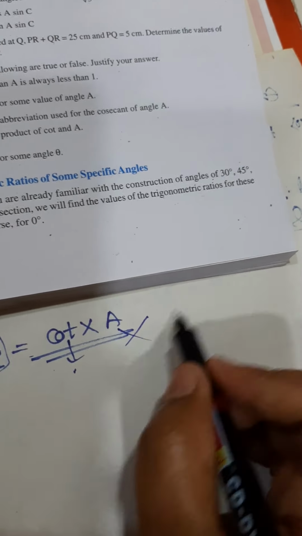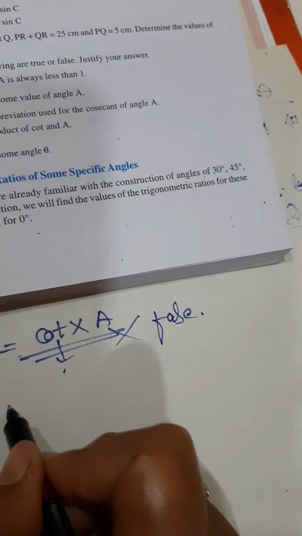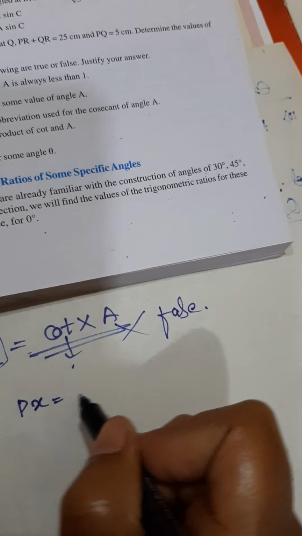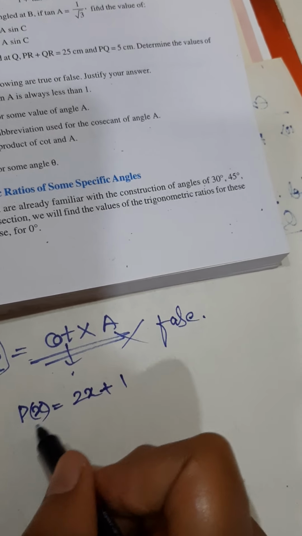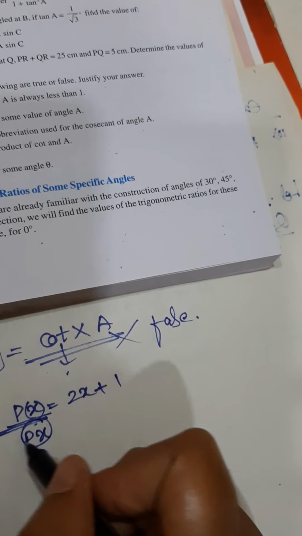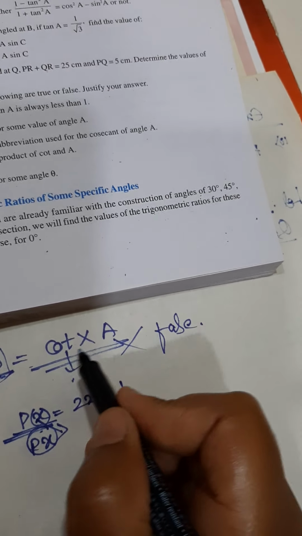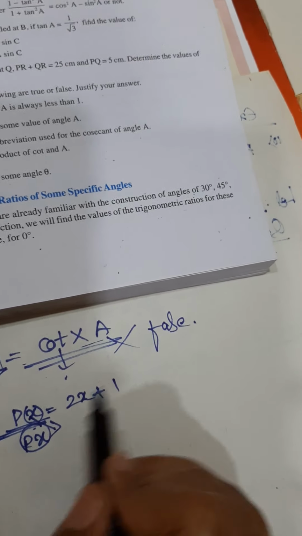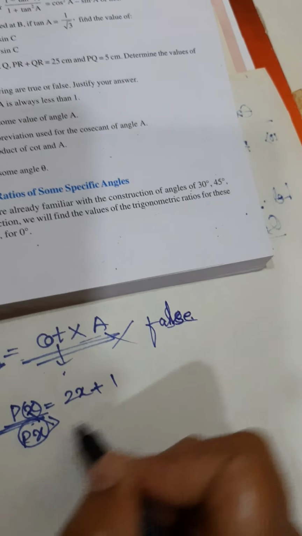This is obviously wrong. For example, P(x) equals 2x plus 1: we write P of x, not P times x. P(x) is a representation. In the same way, cot A is a representation. It won't be a product of two things. So it's false again.